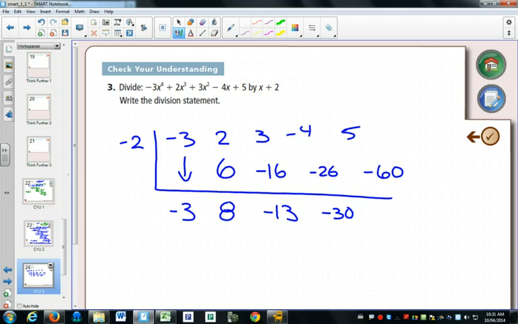And you add and get negative... Positive, yes, it should be positive 26. There we go, good. You still can make adding and subtracting mental math errors in these ones as well. So then we would get 22, and then negative 2 times 22 is negative 44. And you get negative 39.